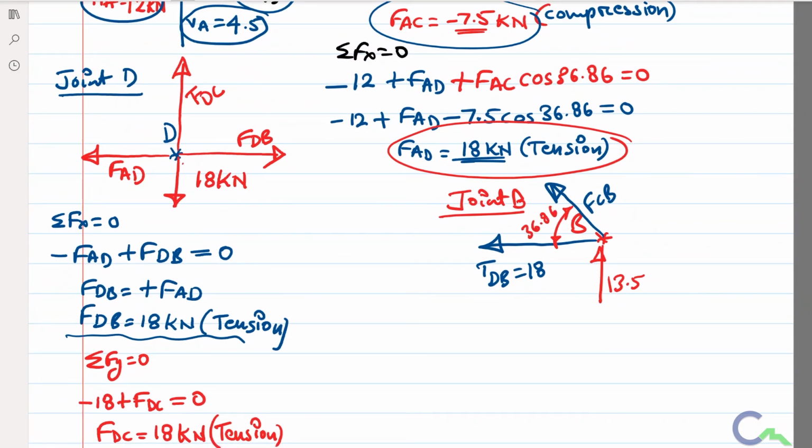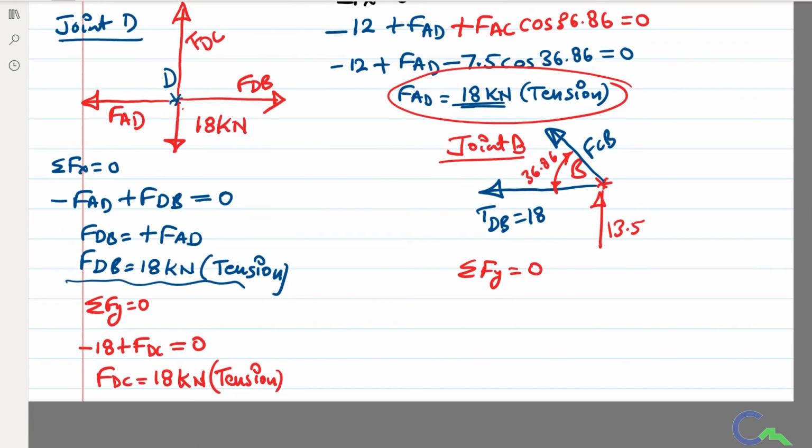So on FCB, I'm going to apply summation of vertical forces is equal to 0. Angle is given with respect to horizontal. If I resolve FCB in the vertical direction, it will be plus, therefore plus FCB sine 36.86, because the angle is given with respect to horizontal, I am resolving in the vertical direction.